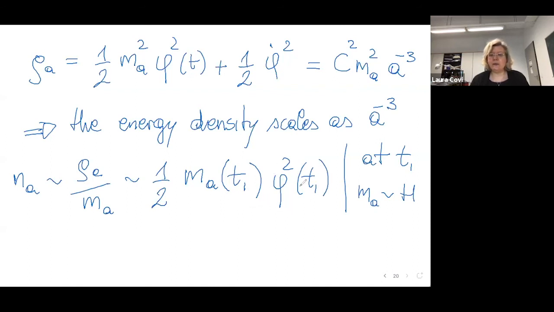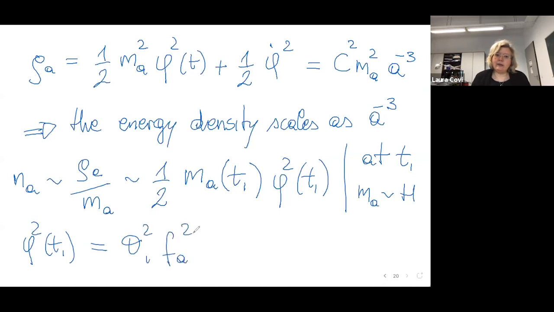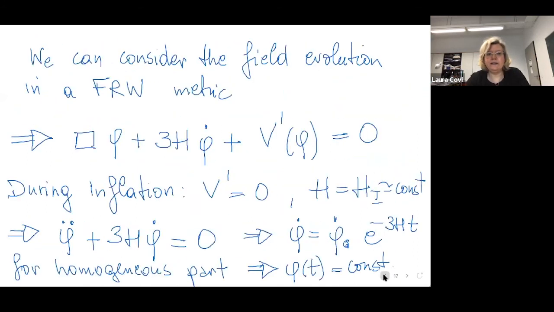So this you could also estimate more precisely. This phi squared is nothing else than the initial condition. So phi squared of T1 is nothing else than the value, which I will call theta_I squared times f_a squared, which is exactly the value of the field which we had in the plot here.